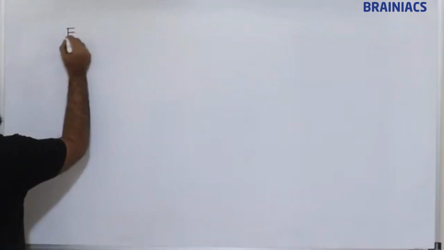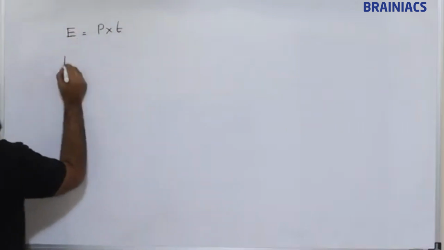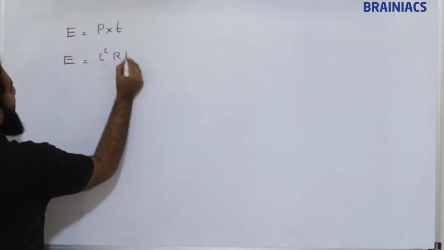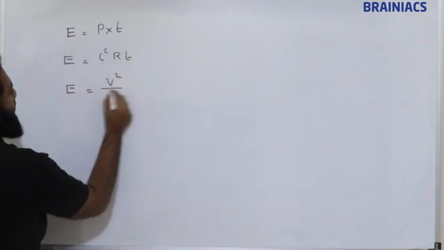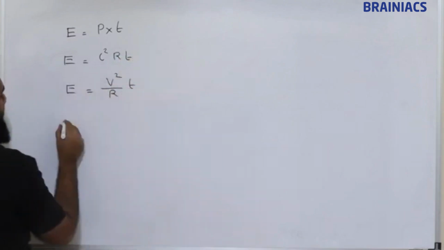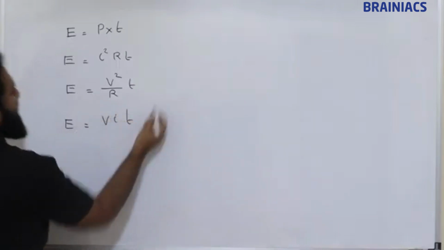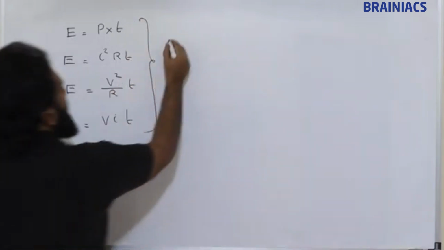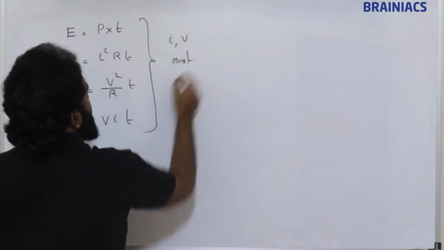So E is equal to P into T, E is equal to I square RT, E is equal to V square by R into T, E is equal to VIT. All these cases are valid when I and V are constant.